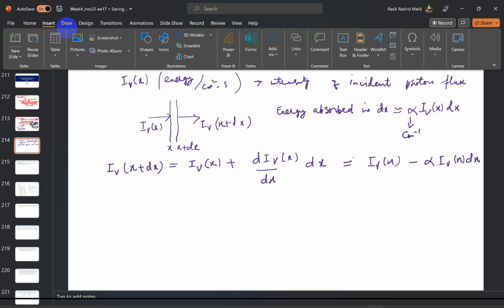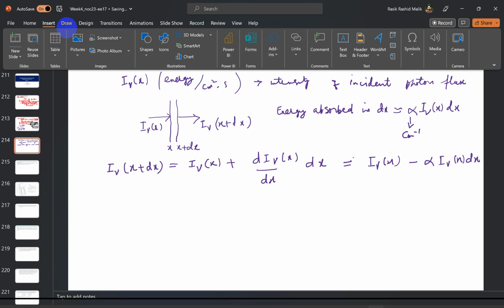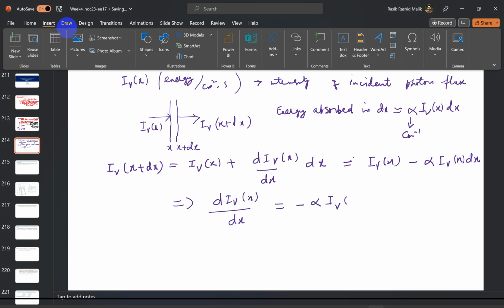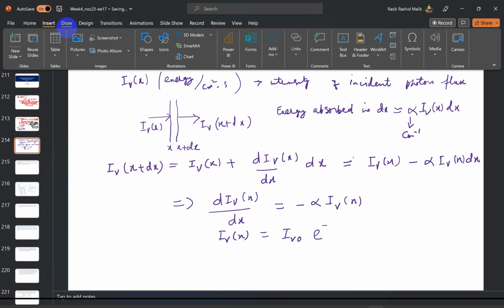The negative sign represents the absorption. That means we have dIv(x)/dx equal to minus alpha Iv(x), and by solving this we get Iv at x equal to Iv0 exponent of minus alpha x.